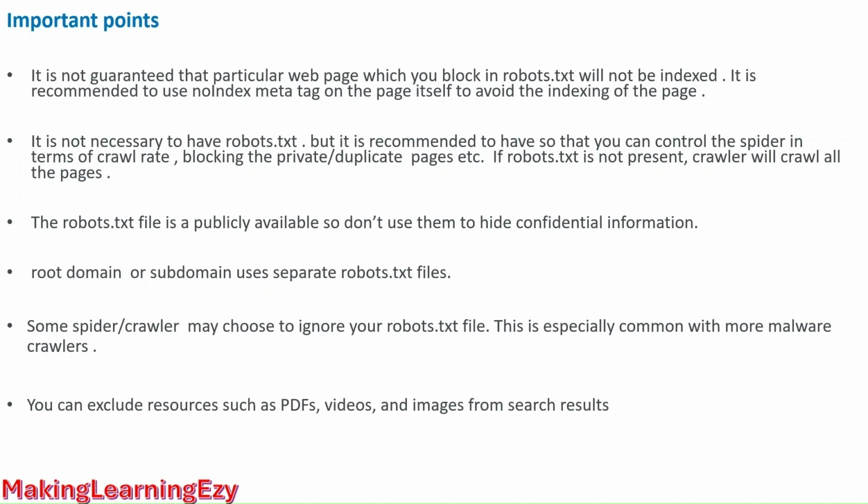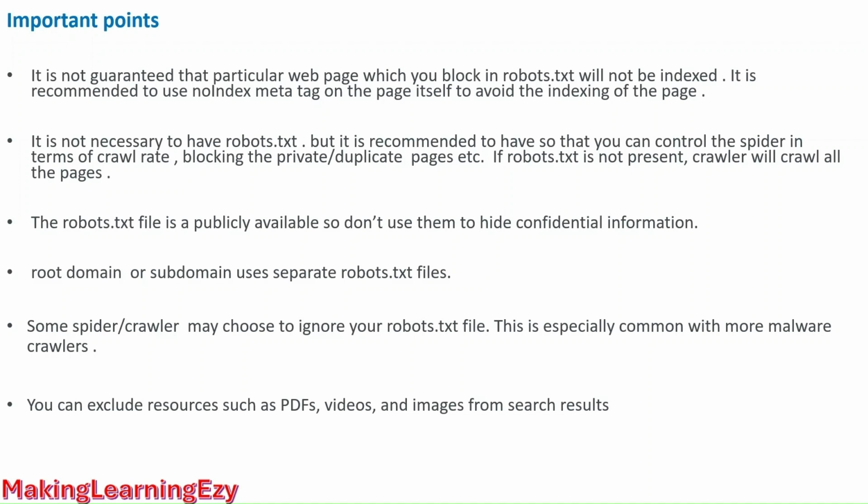It is not necessary that every website will have a robots.txt, but it is recommended to have one robots.txt per website or per domain, so that you can control the crawler in terms of crawling rate, blocking private or duplicate pages. If robots.txt is not present for a particular website or domain, the crawler will crawl all the pages of the website.